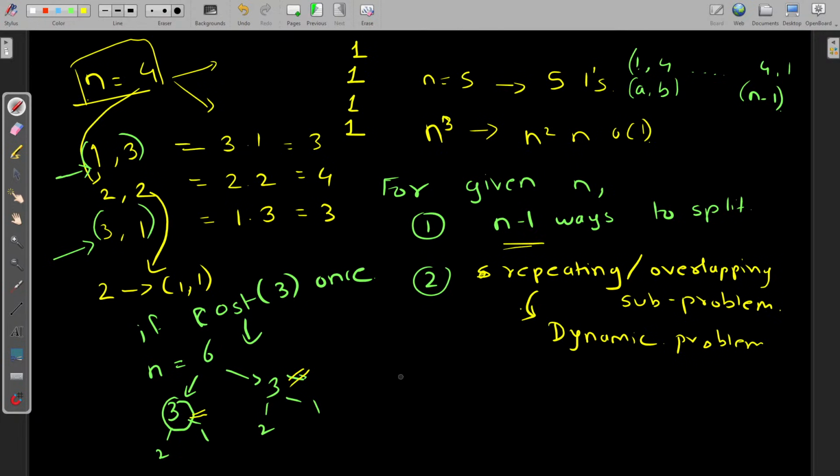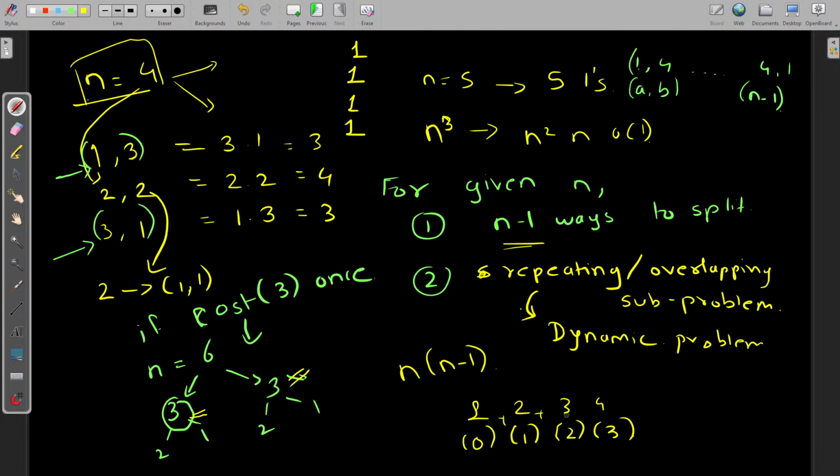For each n, we can find in n minus 1 steps the total number of ways to split it. So we can try for 1, then we can go for 2, 3, 4. For each we have n minus 1 ways. So it would be 0, n minus 1 would be 1, plus n minus 1 would be 2, n minus 1 would be 3.